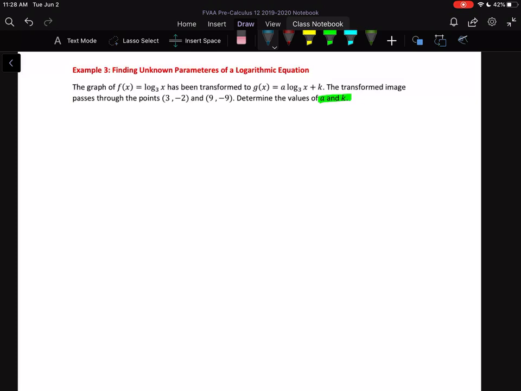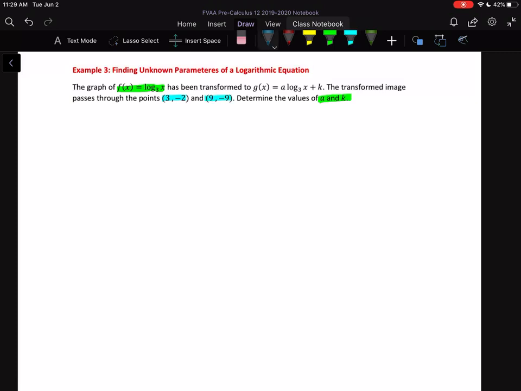All right, hopefully that went well for you. Let's take a look. So the first thing we got to figure out, okay, what outputs does this graph normally give us? Because here, these are transformed points. So we got to figure out, what were the original points?